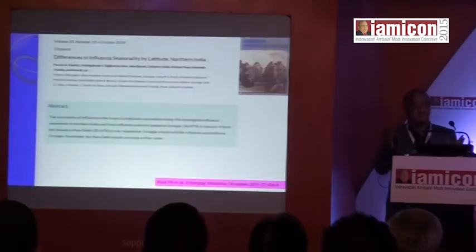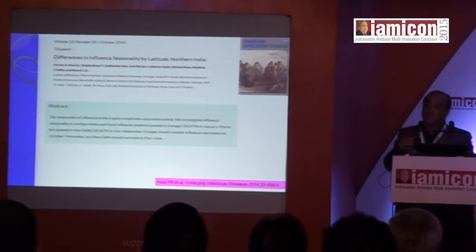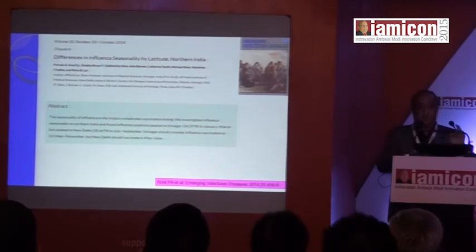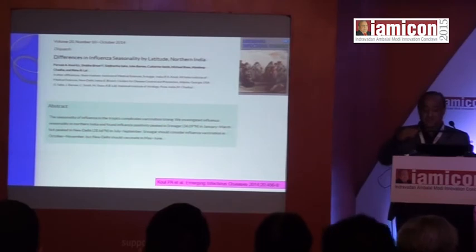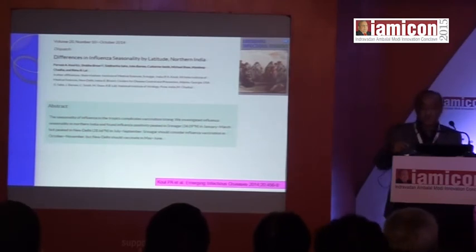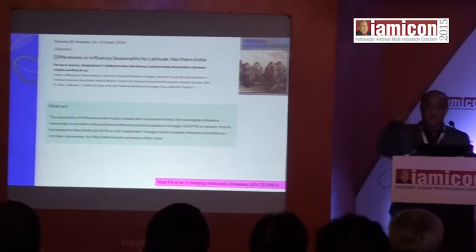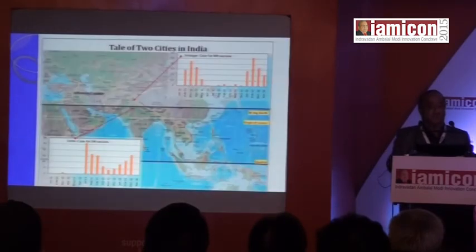We looked at two cities, both geographically located in the northern hemisphere, that is Delhi and Srinagar. Delhi, the latitude is slightly less, it's 26, Srinagar is 34. And we found that there was a diagonally opposite pattern of circulation of influenza in Delhi and in Srinagar, despite the fact that both are located geographically in the northern hemisphere.